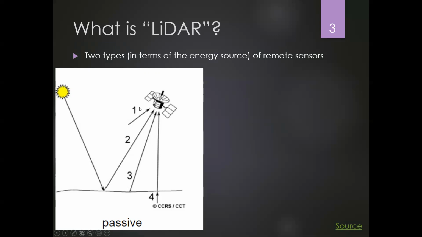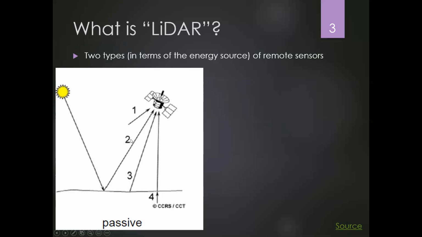Okay, and you can also say that the sensor here will also collect energy from the atmosphere, which is energy source 1. Energy source 2 is the one I mentioned before, the useful one. We still have energy source 3, which is energy emitted directly from the ground, the surface of the Earth. We also have energy source 4, which is the energy emitted by the material under the surface of the Earth.